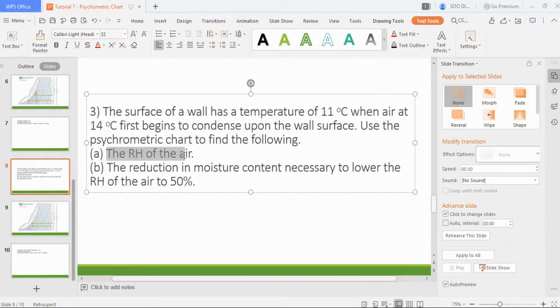You have to find what is the RH of the air, and also what is the reduction in moisture content necessary to lower the relative humidity of the air to 50%. So with this dew point of 11 degrees Celsius and 14 degrees Celsius dry bulb temperature, you'll be able to find what is the RH of the air.